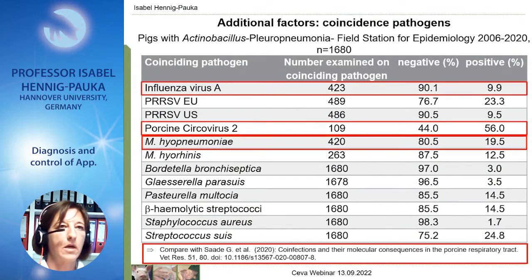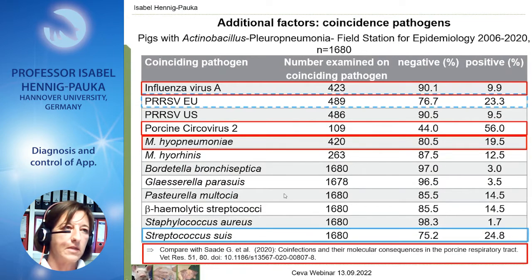And they found or summarized that influenza virus has a very high impact, also porcine circovirus 2 and Mycoplasma pneumoniae. And in my opinion, if you have influenza virus in addition to APP, you get very detrimental disease, so very severe disease. So it's a very important coinciding pathogen.